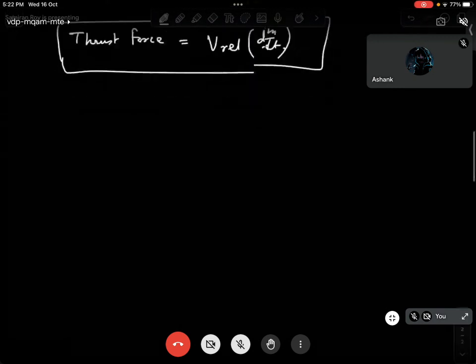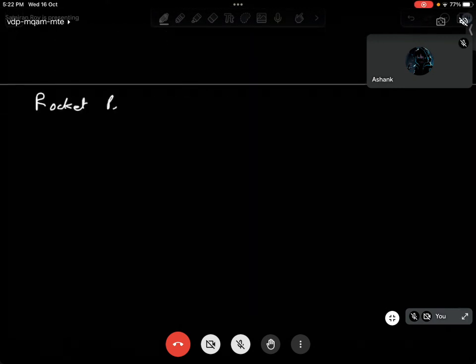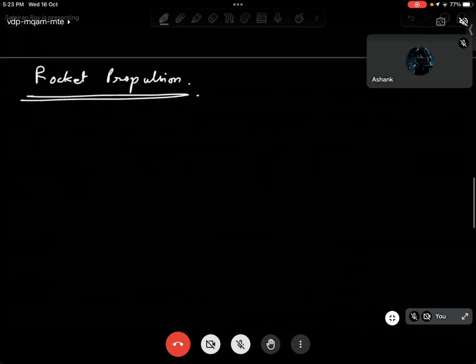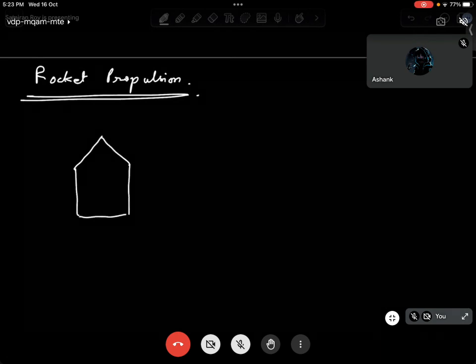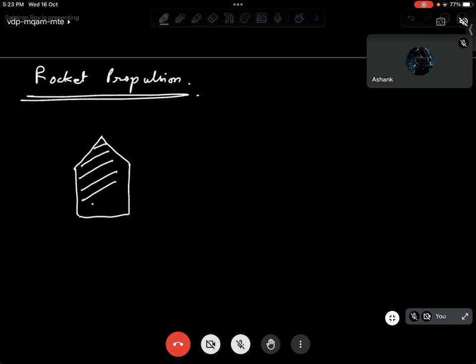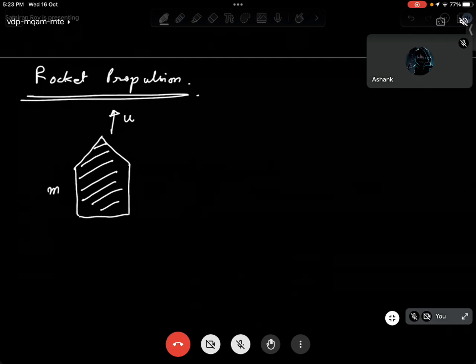Rocket propulsion. Suppose I consider there is a rocket. This rocket is moving up with a velocity of u and mass is m naught, initial mass.